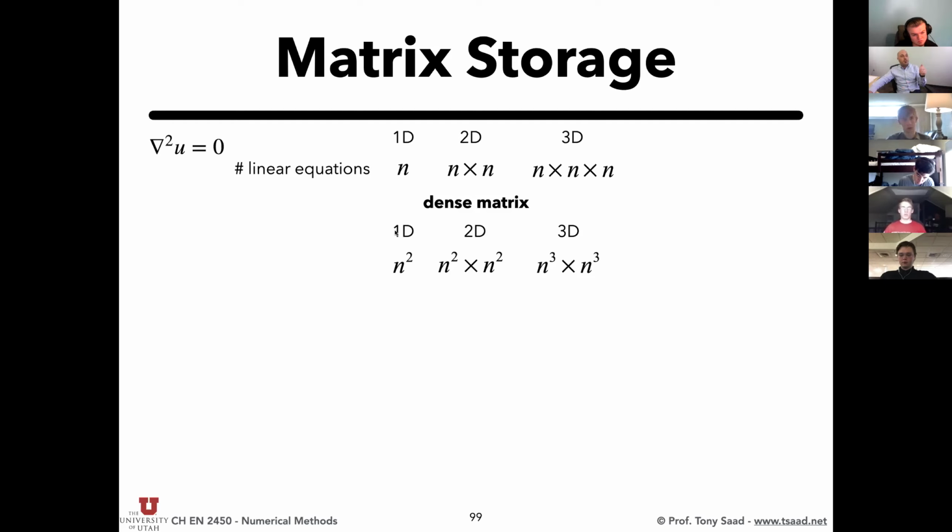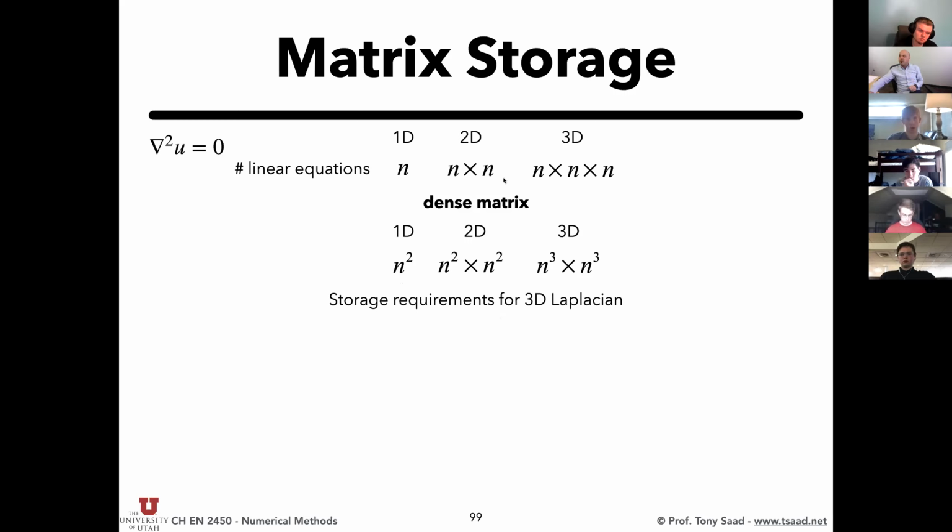So for n equations, you have n by n. For n squared equations, you have n squared by n squared matrix. And for n cubed equations, you have n cubed by n cubed matrix, okay? So in 1D, this is the total number of entries in the matrix, the total number of coefficients in the matrix.